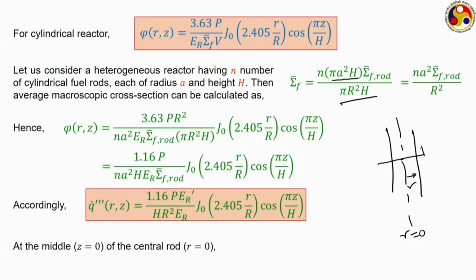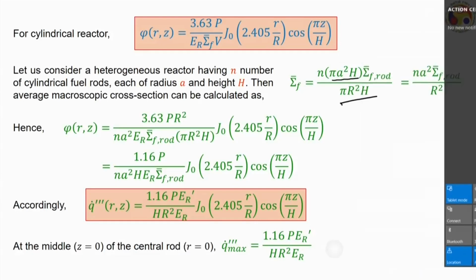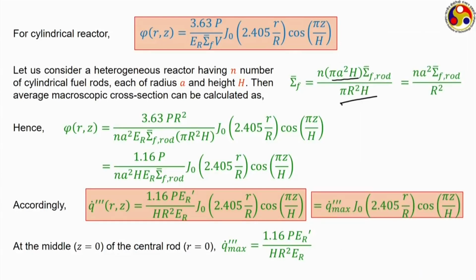So, here z starts from here, and hence if we put r equal to 0 and z equal to 0 in this expression, that is, if we are talking about this particular location, then it reduces to a form like this. Actually cos 0 is equal to 1 and the z function at 0 is also equal to 1. It asymptotically approaches 1. So, we get this as the expression of the maximum volumetric rate of heat generation, and putting that, the final expression gets simplified to a form like this.